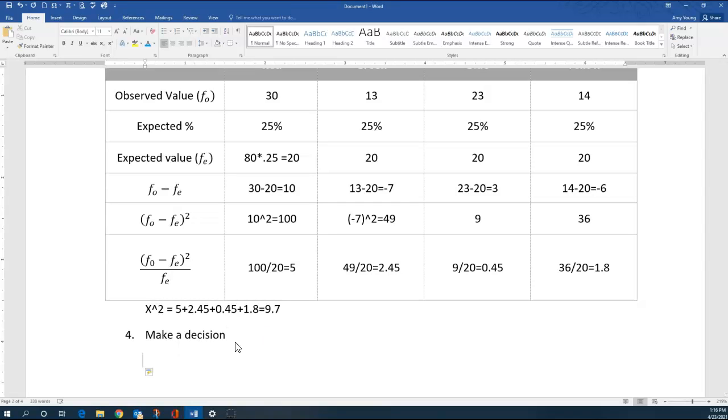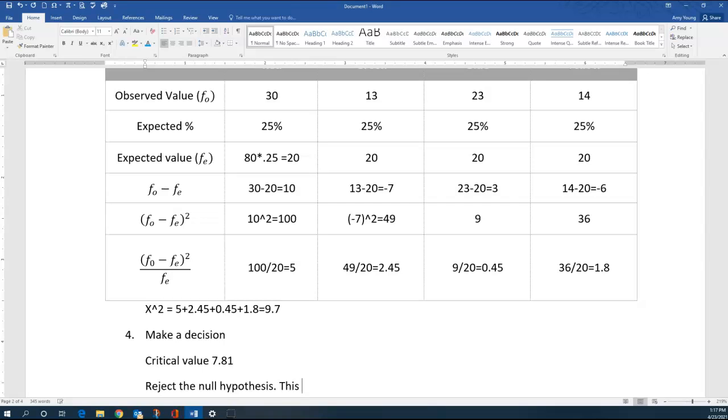So now when we make our decision, let's talk about making our decision for this problem. If you'll remember, our critical value from step 2 was 7.81. Okay, so again, if my value for my chi-square, which is 9.7, is larger than 7.81, which in this case it is, I am going to reject the null hypothesis.